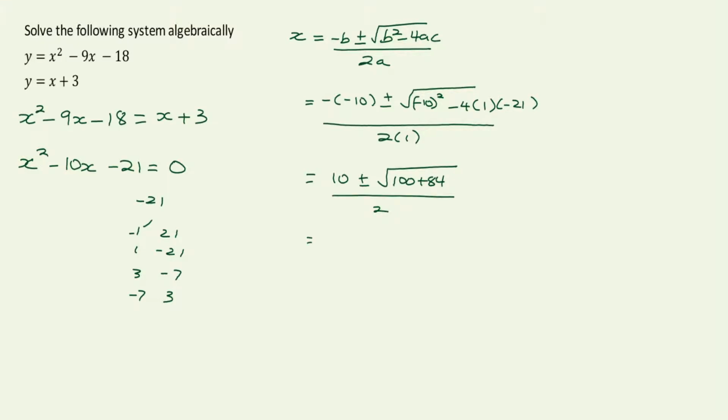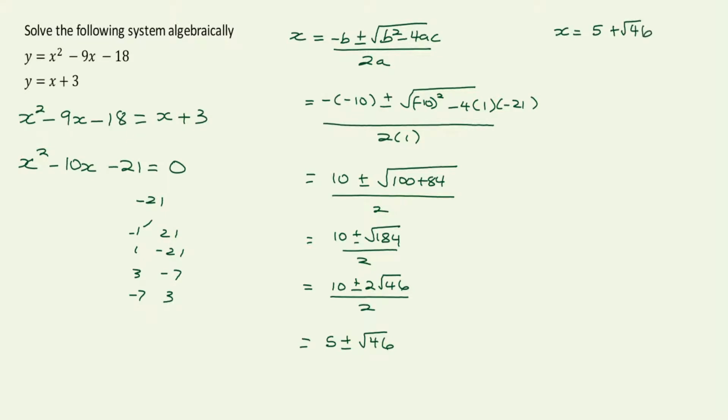We have 10 plus or minus the square root of 184 over 2, which gives us 10 plus or minus 2 square root of 46 over 2, which gives us 5 plus or minus the square root of 46. So we have x equals 5 plus the square root of 46. We also have x equals 5 minus the square root of 46.